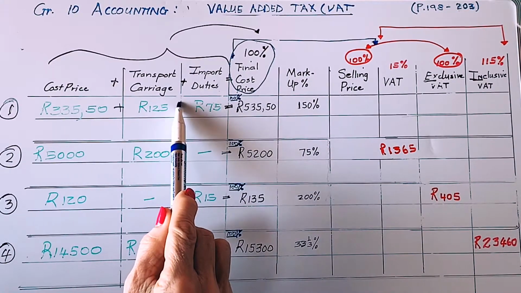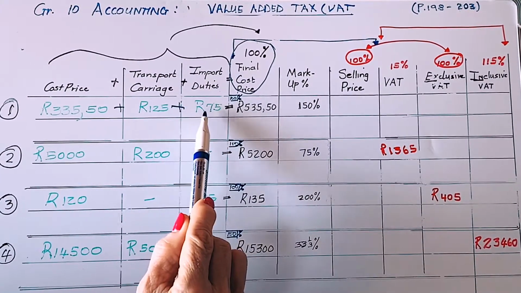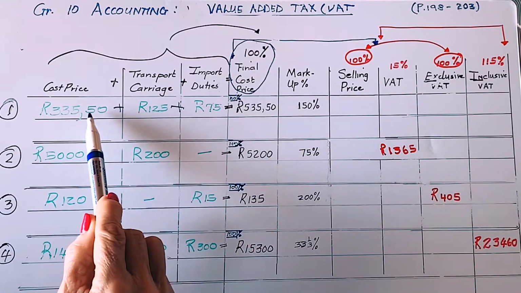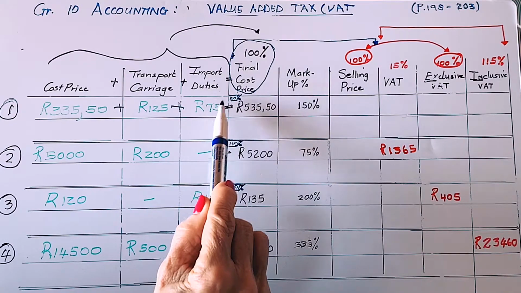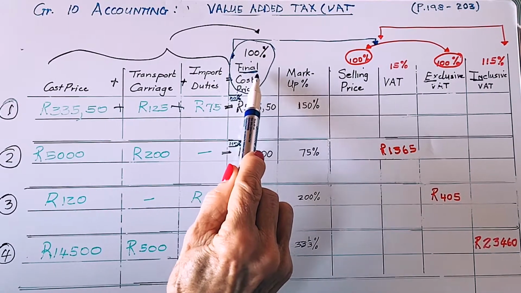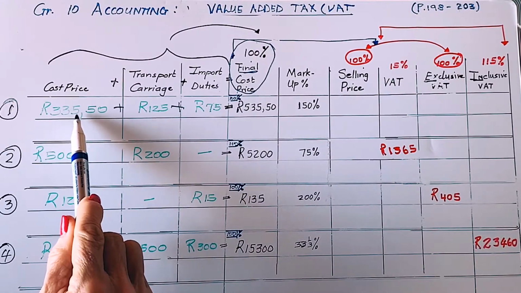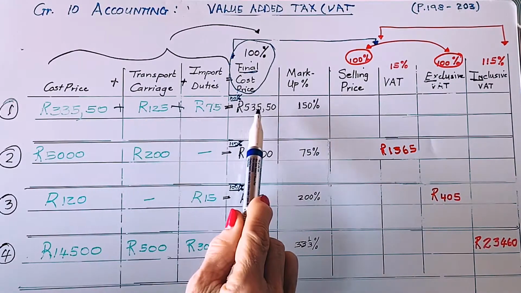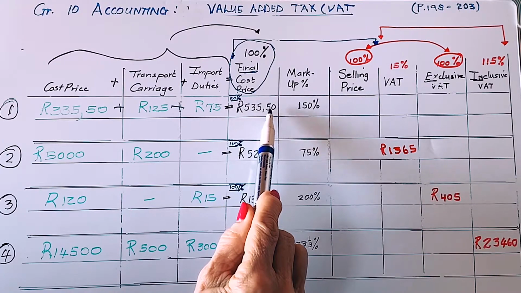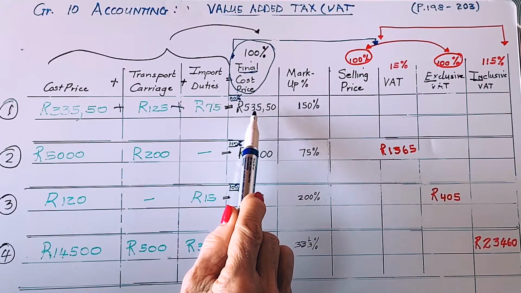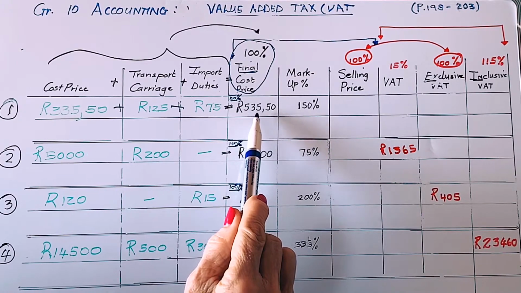I even sometimes have to pay custom duties that I also add to the original cost price. Then the final cost price of my product is not the R335.50, but the R535.50. This is what the product eventually cost me.